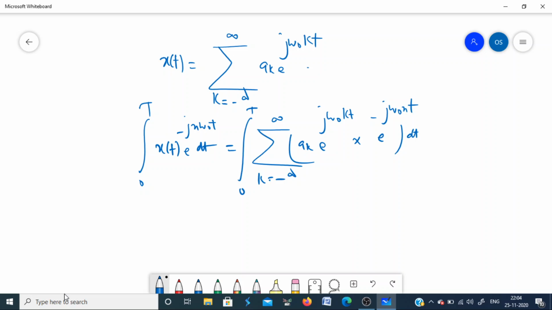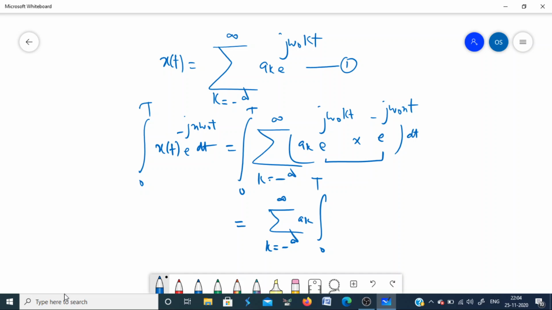So I have multiplied this equation on both sides with e raised to power minus j n omega naught t and integrated for one time period. Now in the right hand side, you can change the order of summation and integration, and I can modify this equation as summation from minus to plus infinity, integral 0 to T, a_k.